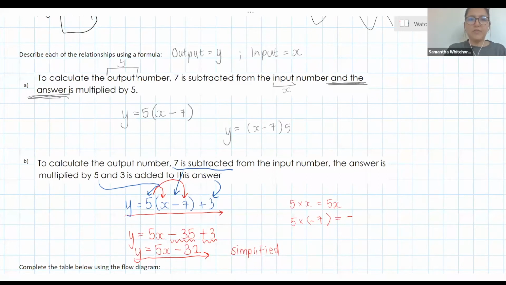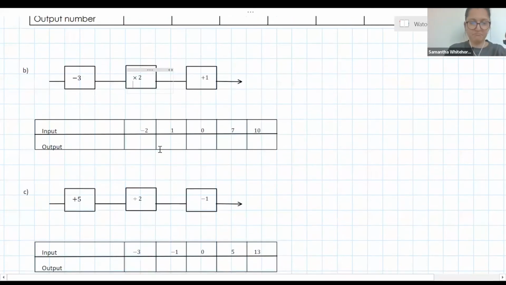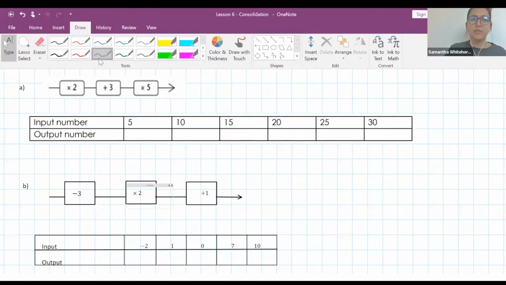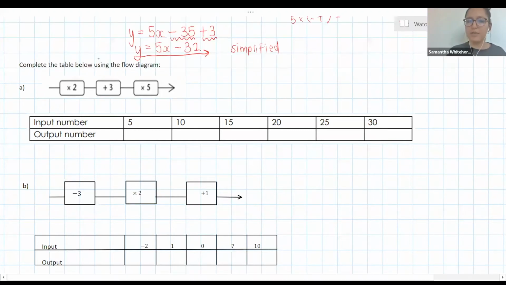Okay, guys, so let's have a look at these tables here for ourselves. What we're doing here is we're combining two methods of representing relationships that we know. Now, I would not stress about flow diagrams. They are not something that you need to study super hard, but they are an important part of understanding relationships, because this is like my number machine.